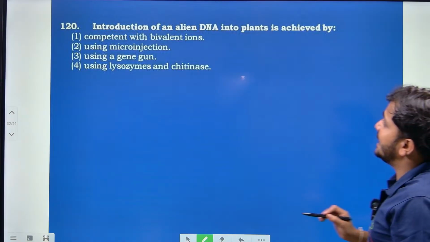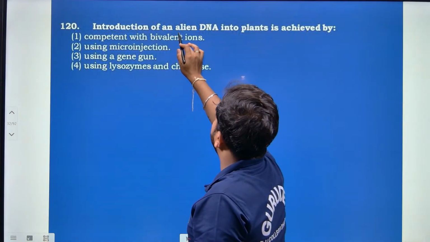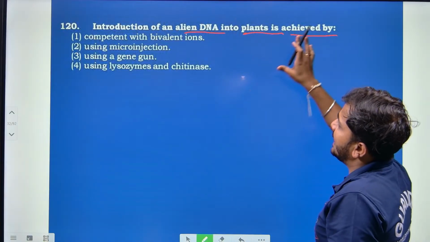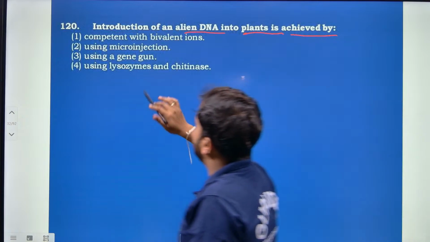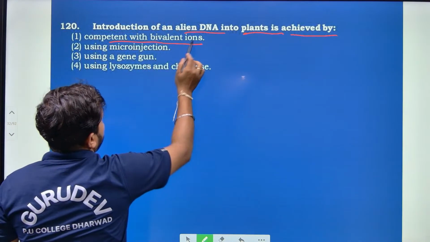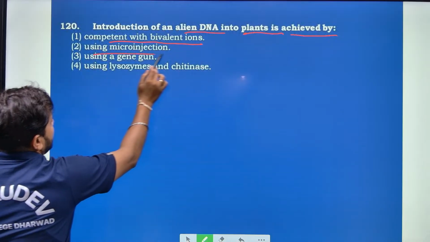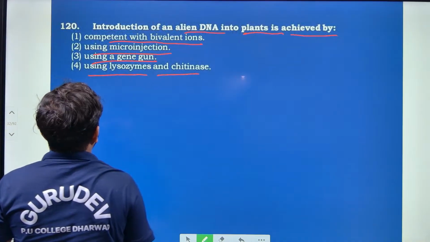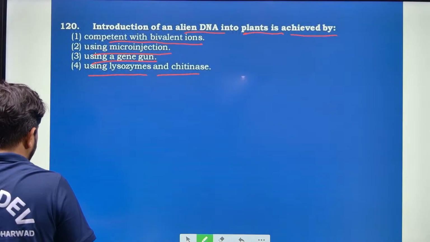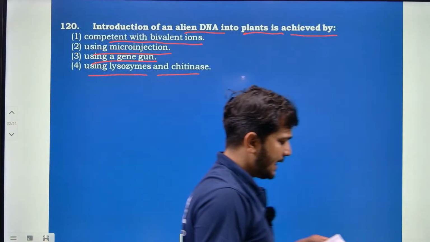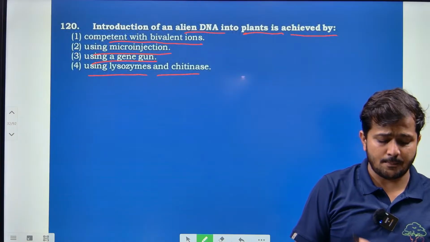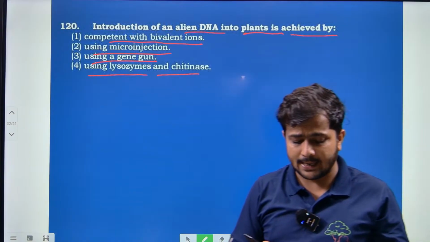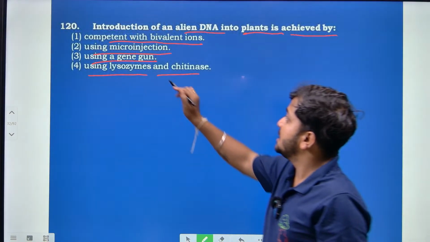Then the next question: introduction of an alien DNA into the plant is carried out by competent cells with bivalent ions, micro injection, gene gun, or lysozyme and chitinase. We can introduce alien DNA into plant cells by bombarding with high velocity microparticles, gold particles, and that we call the gene gun method.